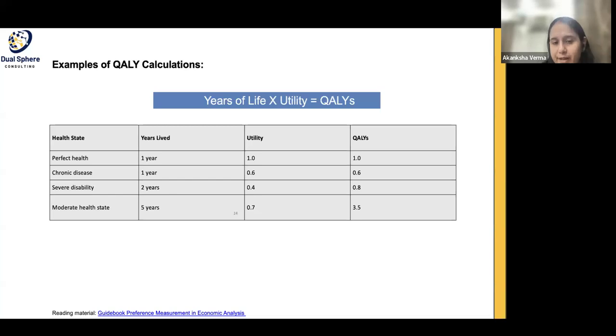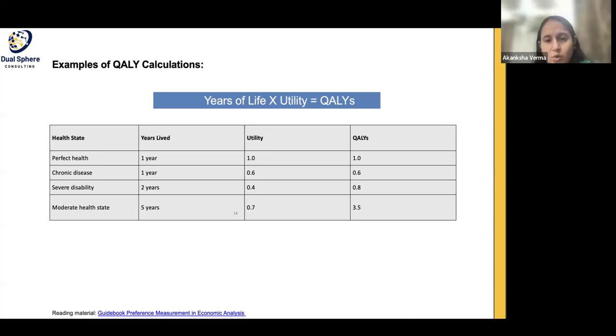A basic example of calculating QALYs. This is the arithmetic product, as I've told you. Let's see a few examples. Perfect health state: if a person is living in a state of perfect health for 1 year, and the utility value for perfect health is 1, the QALYs for that health state would be 1 multiplied by 1, which is 1.